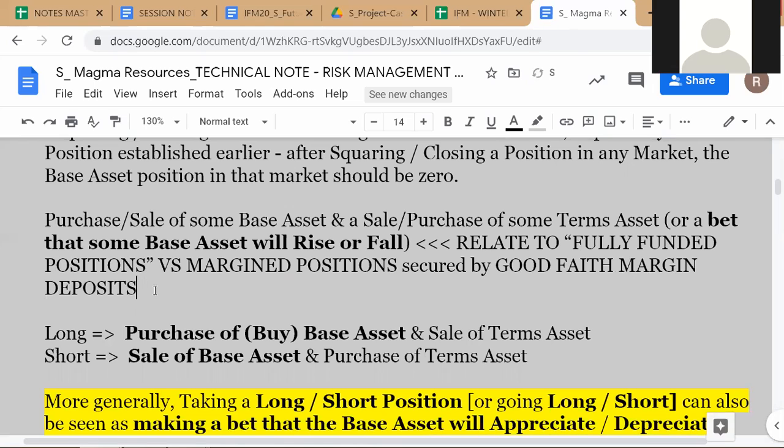So one of the things you have to look at when you're trading in a particular market is, in addition to all the stuff you have to look at, like what is the base asset, what is the terms asset, this becomes another thing to look at.